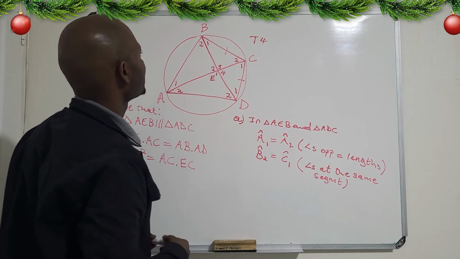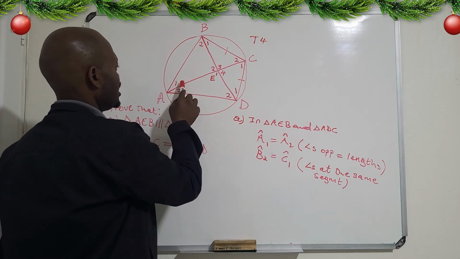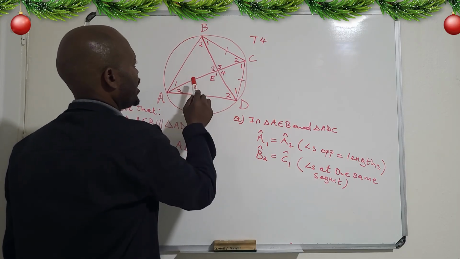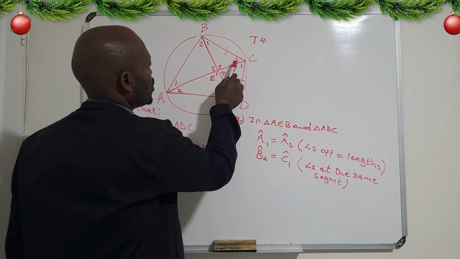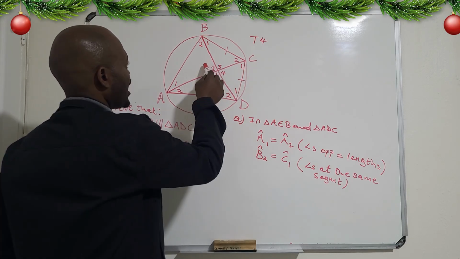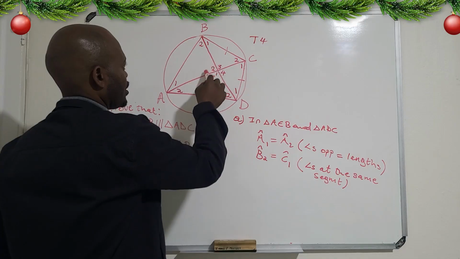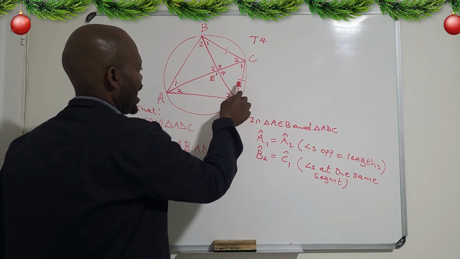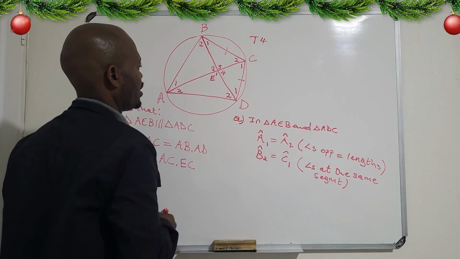Now, obviously, since this angle is equal to this angle, and this angle here is equal to this angle there, it means that this angle here is going to be equal to this whole angle there.